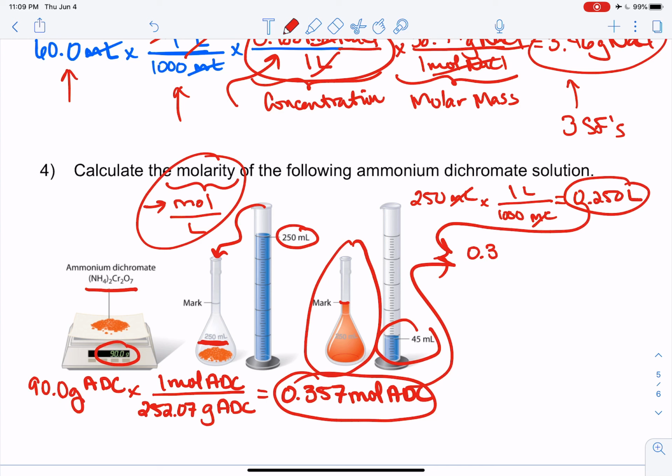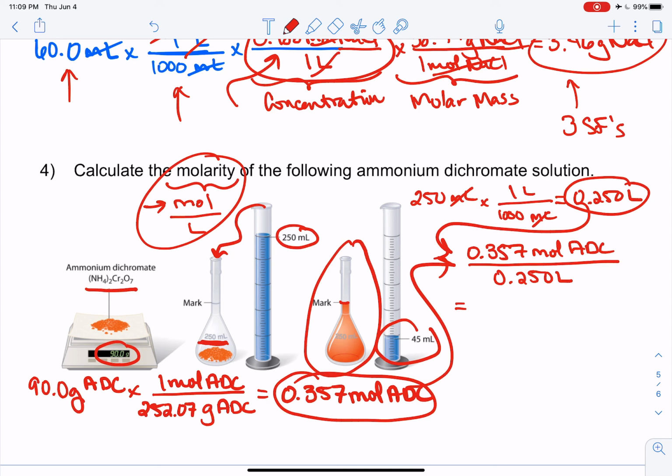So we have 0.357 moles of ammonium dichromate divided by 0.250 liters. Both of them have 3 sig figs.